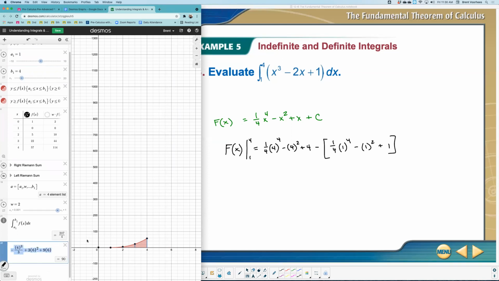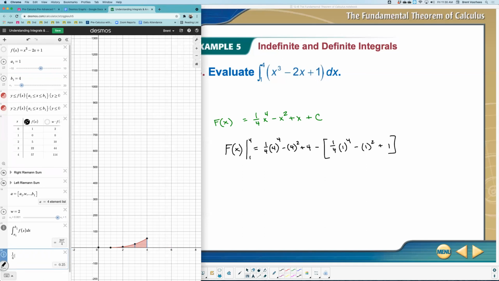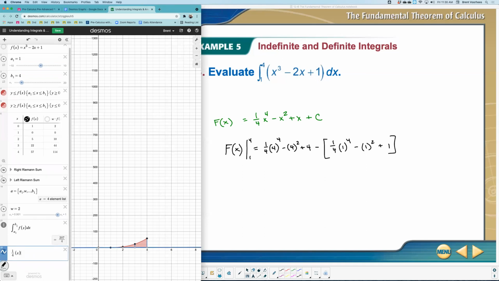Now let's type in what we think the answer should be. 1/4 times 4 raised to the power of 4, not x. Let me take that away. 4 raised to the power of 4 minus 4 squared, which would be 16, plus 4 minus, and we'll put all this in parentheses, 1/4 times 1 to the fourth power, which is still 1, minus 1 squared, which would be minus 1, plus 1. 51.75, which is 207/4.